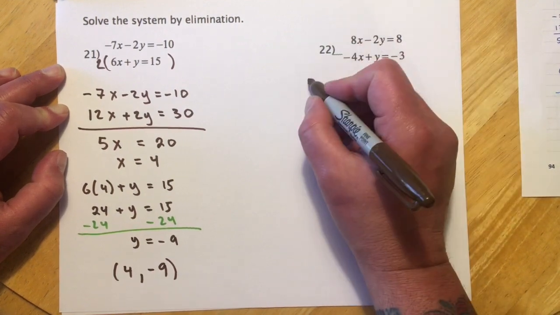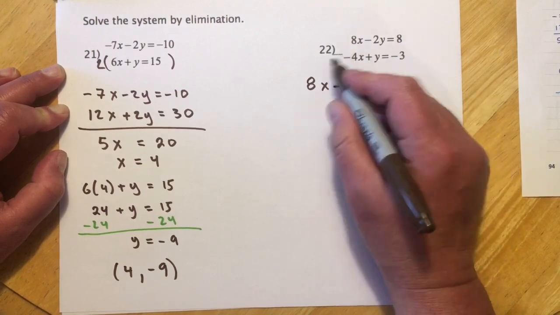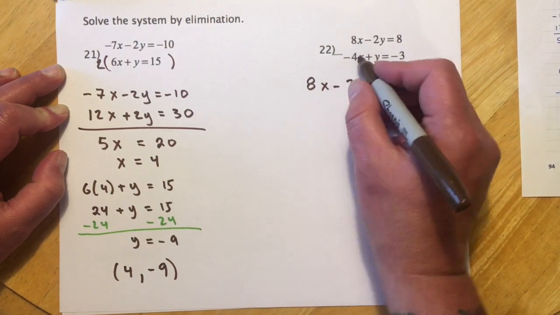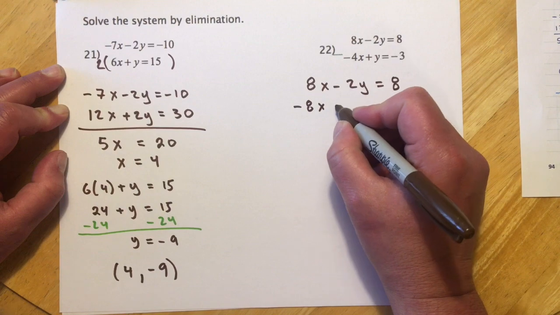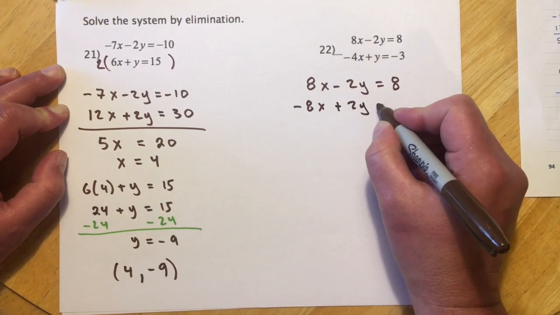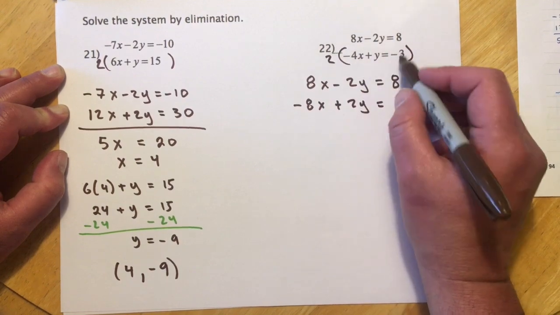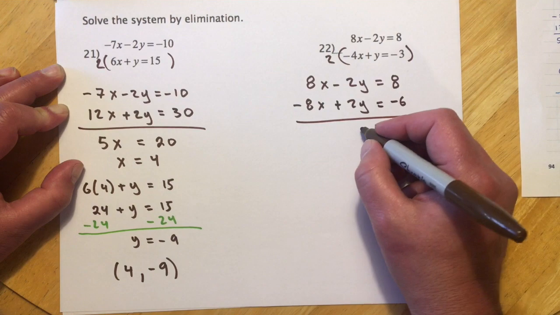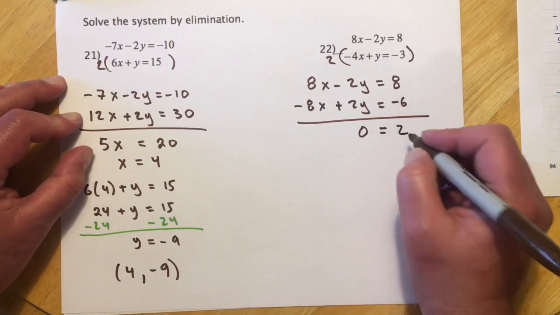So I'm going to just take this first equation again, write it down, and it happens to be 2 again just because of the negative 2 and the positive 1. So I'll multiply this by 2, and I get negative 8x plus 2y equals 2 times negative 3 for negative 6. That drops out, leaving me 0 on the left-hand side, and then over here I get 2.